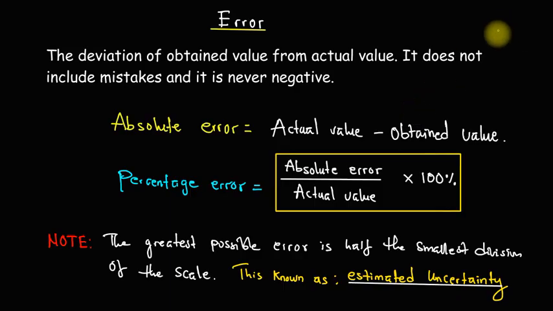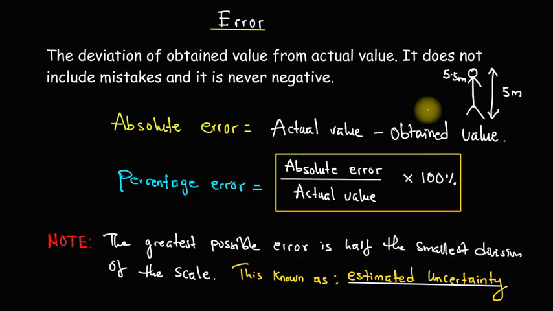Okay, so for example, let's say the height of a boy was measured to be 5 meters, but actually the boy is 5.5 meters.